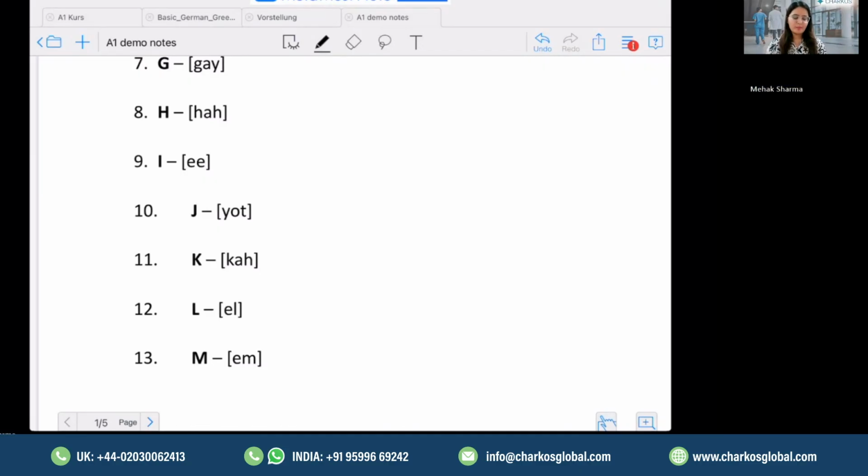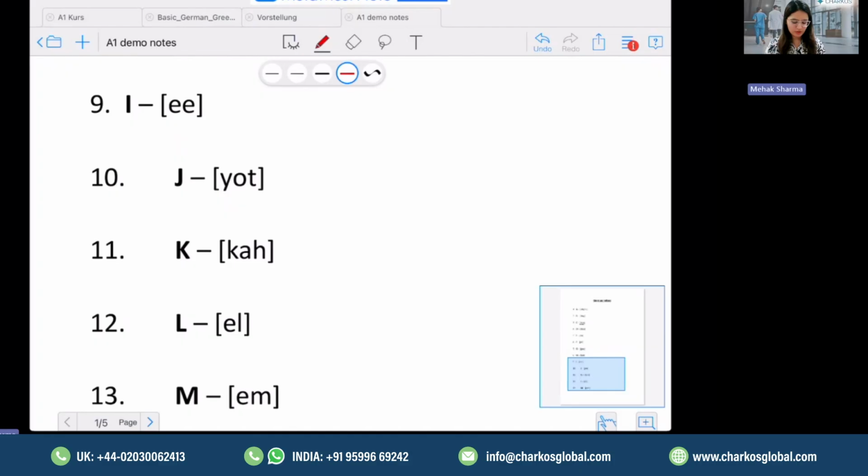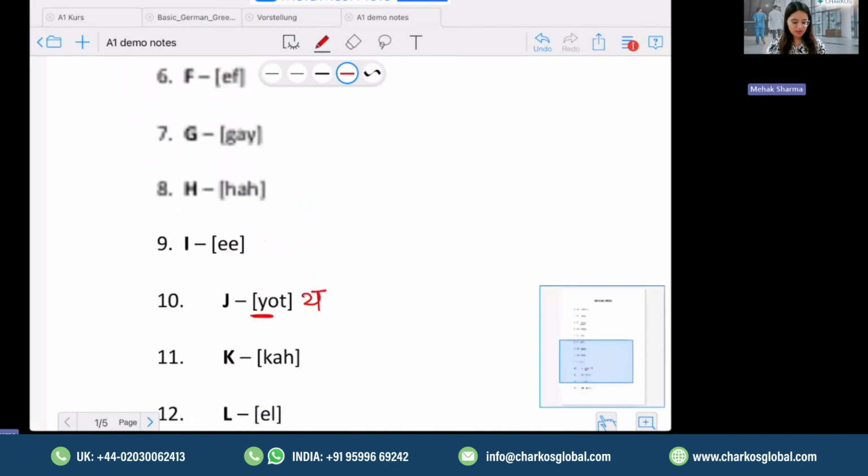So, point to be noted is that J is not going to give you the J sound. Instead, it's going to give you Y sound. Those who understand Hindi, we can say that this, Y. Okay? So let's recall till here.